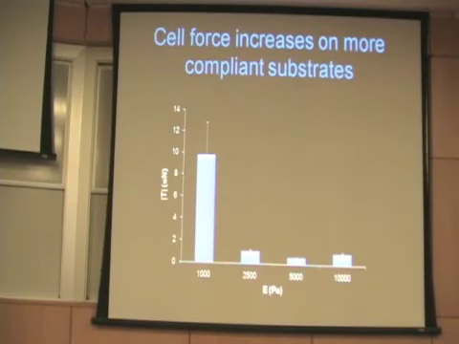This data we're still toying around with a bit because it contradicts what people have seen for other cell types. So we think it's probably very specific to endothelial cells, this mechanism by which cells are driven to connect based on the stiffness of the substrate they're sitting on.